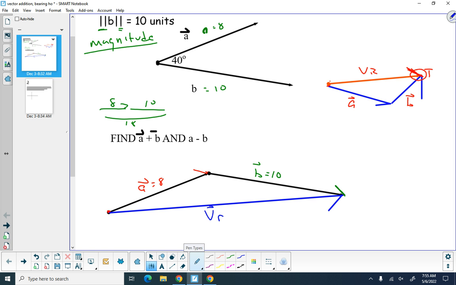There's my VR. Now, the length of VR, looking at the idea of a triangle.